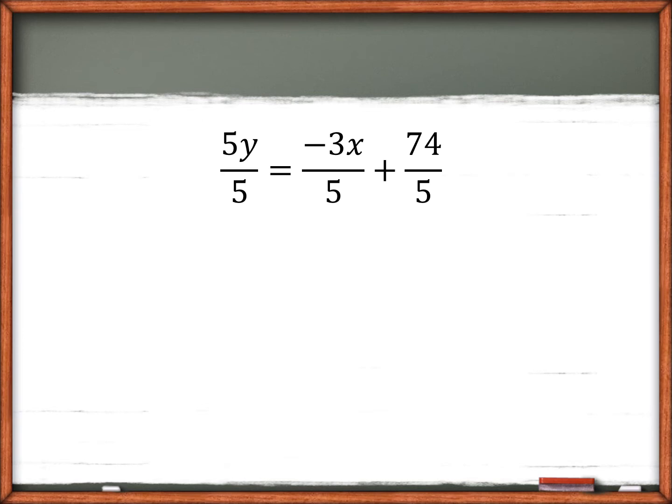So 5y divided by 5 equals negative 3x divided by 5 plus 74 divided by 5. We will cancel out 5. So it will become y equals negative 3x over 5 plus 74 over 5.